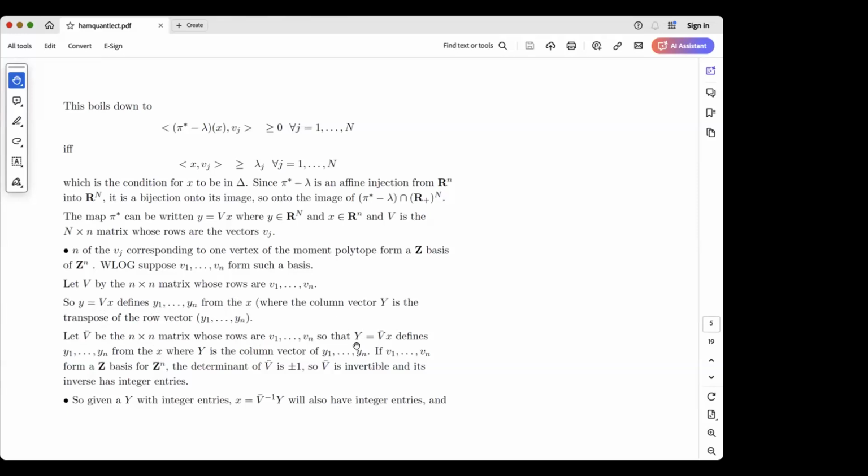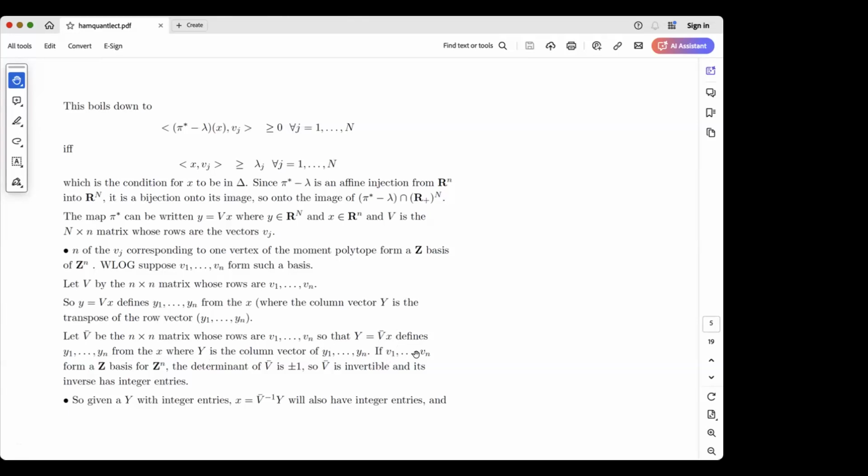So big Y is equal to bar v of little x defines y1 up to yn from the little x. Here, big Y is the column vector whose entries are y1 up to yn.